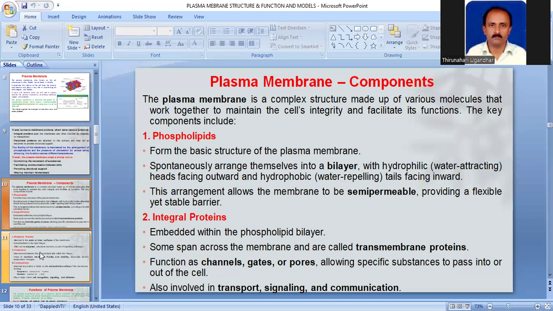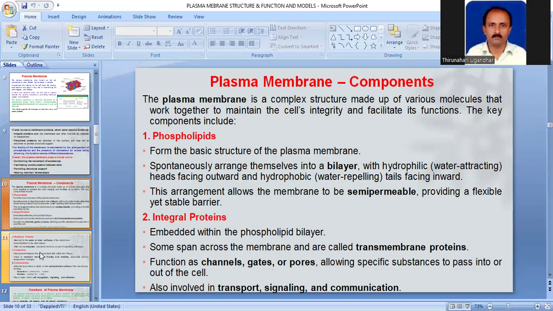Hydrophobic means water repelling, with tails facing inwards. This arrangement allows the membrane to be semi-permeable, providing a flexible yet stable barrier.